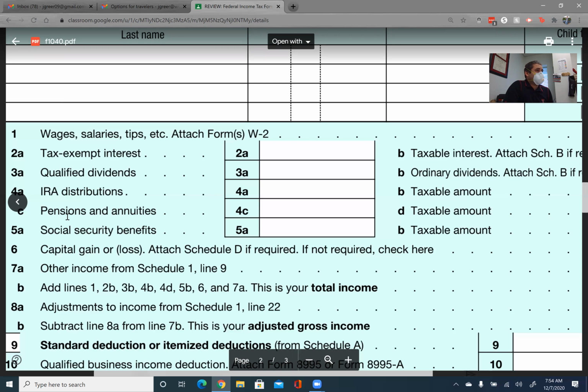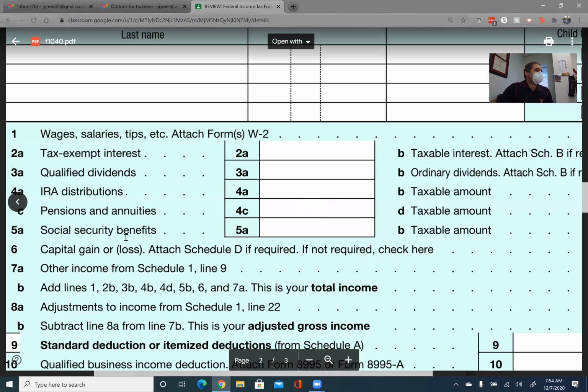Yes, thereabout. That's why a pension is called a defined benefit, because you know what you're going to get. A 401k, you don't know what you're going to get because you don't know how much your 401k is going to grow to. And you could take it all out or you could take none of it out, right? So that's going to fluctuate when you retire. But pensions and annuities, that's for people that are older, retired. So you're going to put 0 here and 0 here because we're not worried about that.